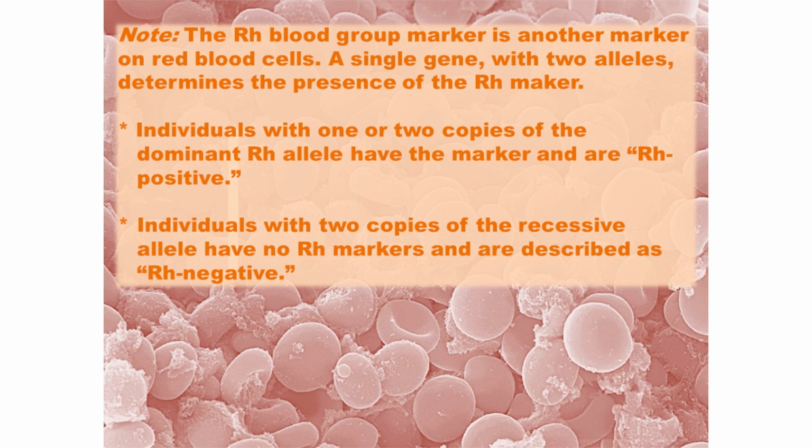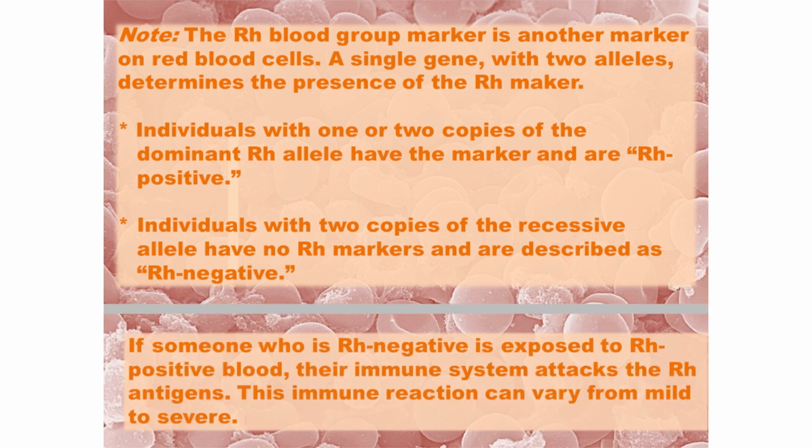And for the Rh group, there's just a single gene with two alleles, and if you have one or two copies of the dominant allele, then you're called Rh positive. You produce those antigens on your cells. If you have two copies of the recessive version, then you don't produce any. You're described as Rh negative. So that also is going to be important when you are giving or getting a blood transfusion.